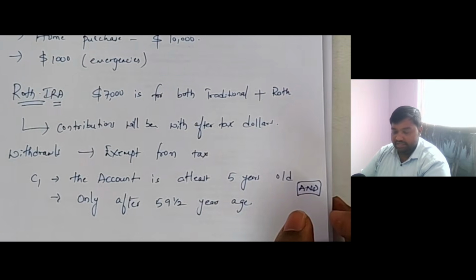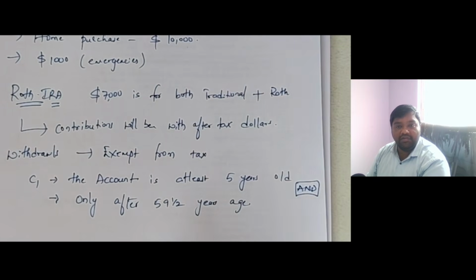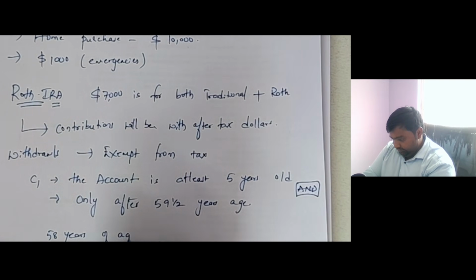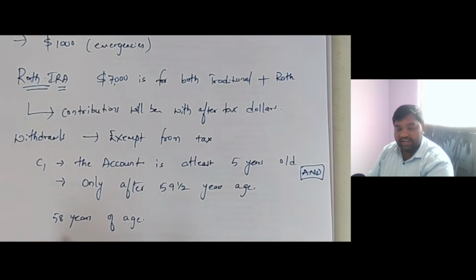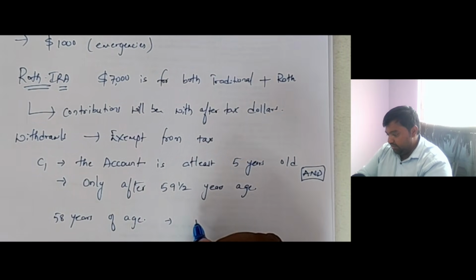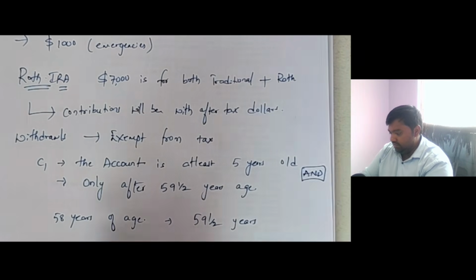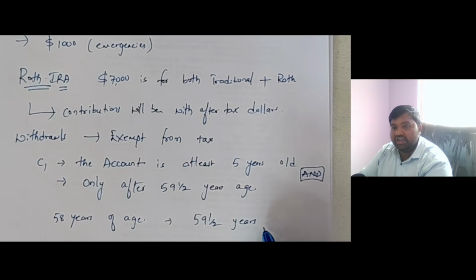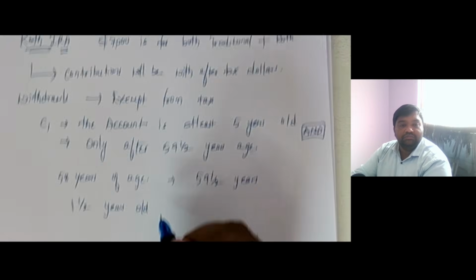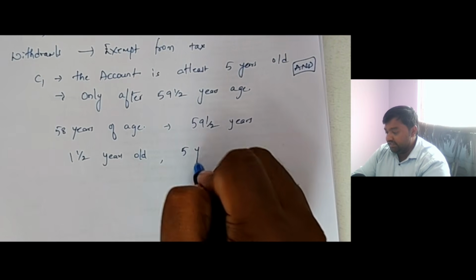For example, let's say you open one Roth IRA account at 58 years of age. Once you complete 59.5 years, you can't withdraw because the account is only 1.5 years old. So you have to complete the 5 years.